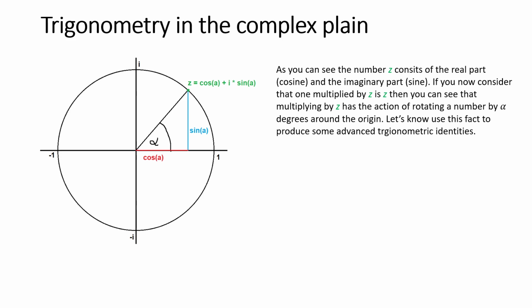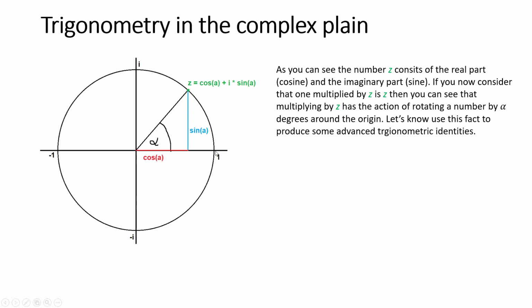Okay, so here we have the unit circle, and our z is, as written here, cosine of alpha plus i times sine of alpha. And as we may notice, the 1 is rotated by angle alpha, and it lets us prove another interesting identity.